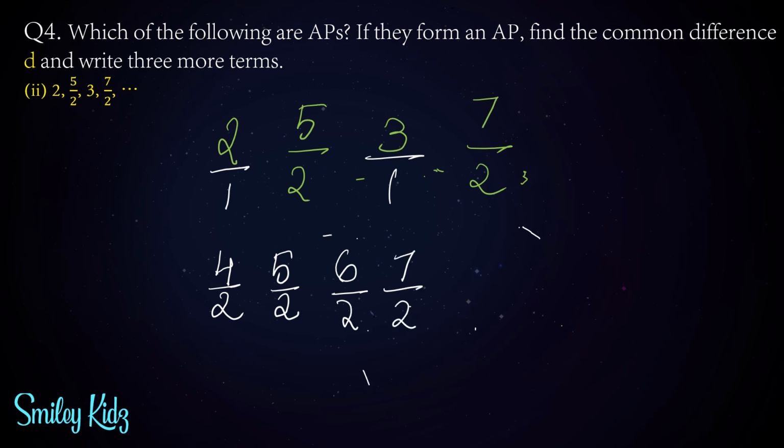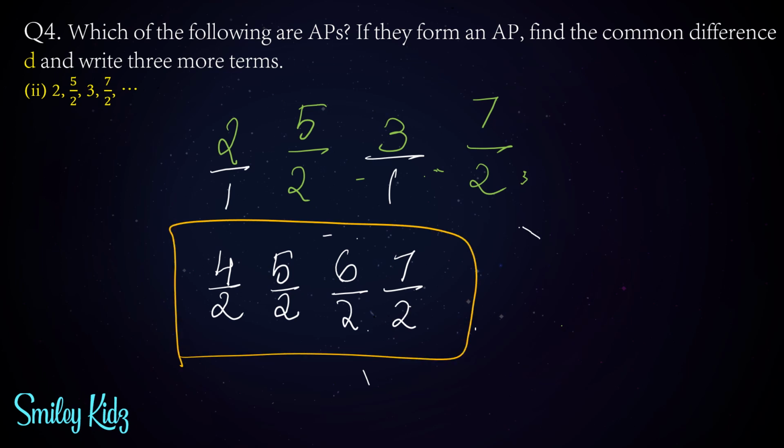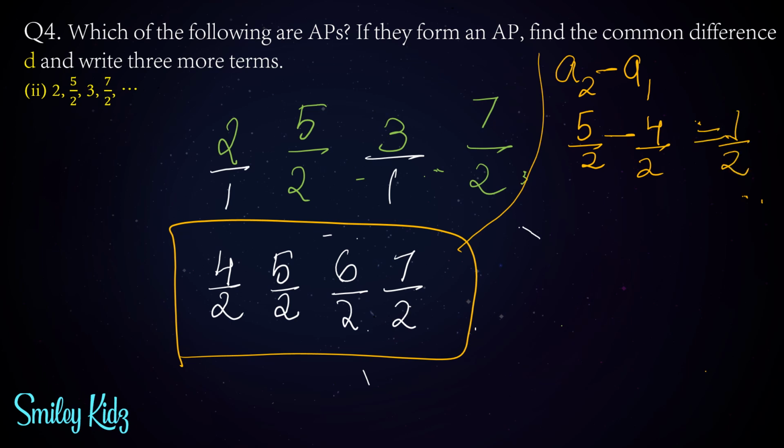Now, in order to find out whether this sequence is AP, what are we going to find out first? We're going to find out the common difference, isn't it? So A2 minus A1. What is A2 minus A1? 5 upon 2 minus 4 upon 2, which is 1 upon 2. Very well. Then we have A3 minus A2, which is 6 upon 2 minus 5 upon 2.